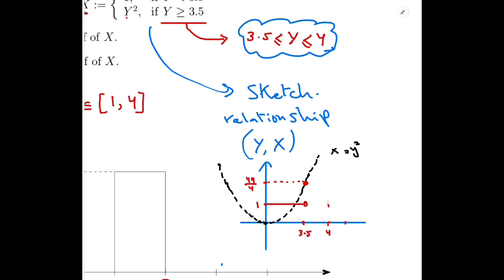And this one here is given by 16. Okay, so we have this piece and we have this piece.